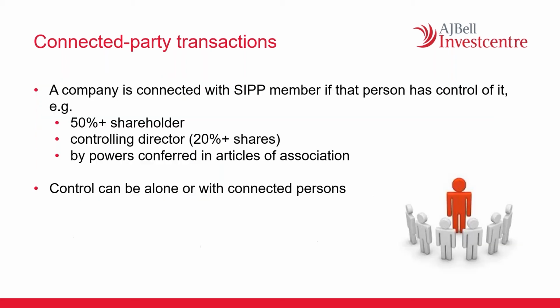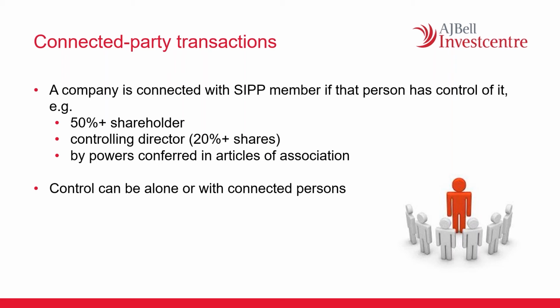But more commonly with a lot of these transactions, we are talking about a connection between a member and a business. A lot of it is company directors or partners in a business, where the member of the pension scheme is the business that they're transacting with. A company is defined as connected with a SIPP member if that person has control of it.